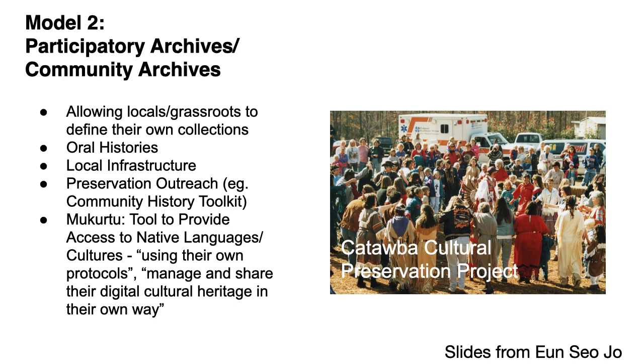So there are tools, like Mukurtu, that allow Native Americans in the US to archive their own cultures in a manner that they see fit. They manage their digital cultural heritage using their own protocols.